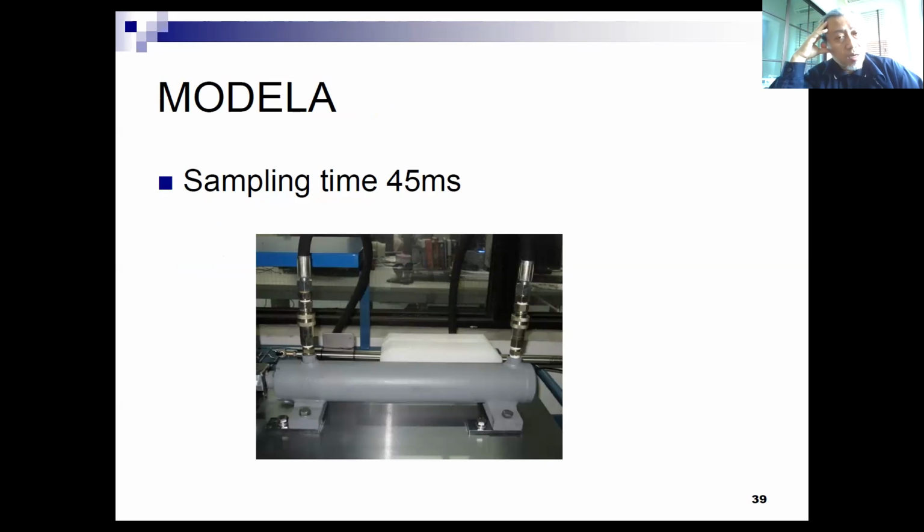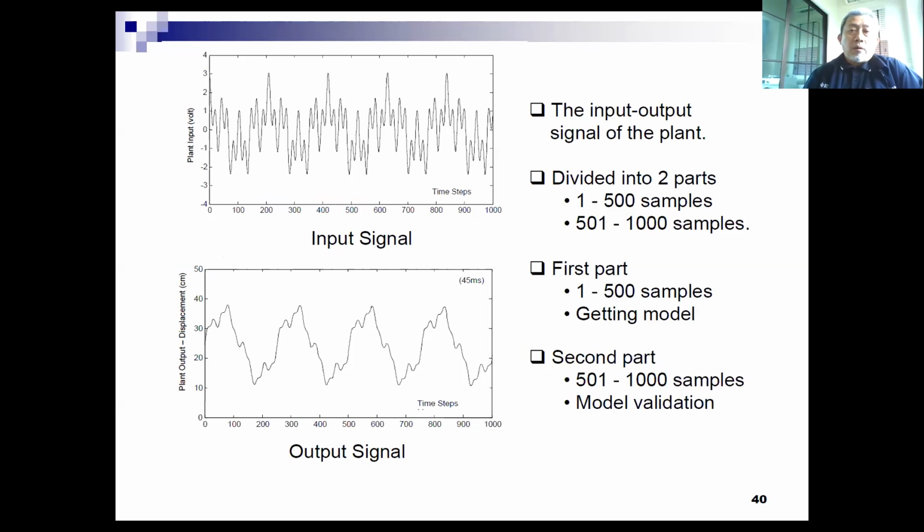The unit is second, not millisecond. So the input output data will be here. You can see this is the input and this is the output. They look similar, but in terms of amplitude it is different.